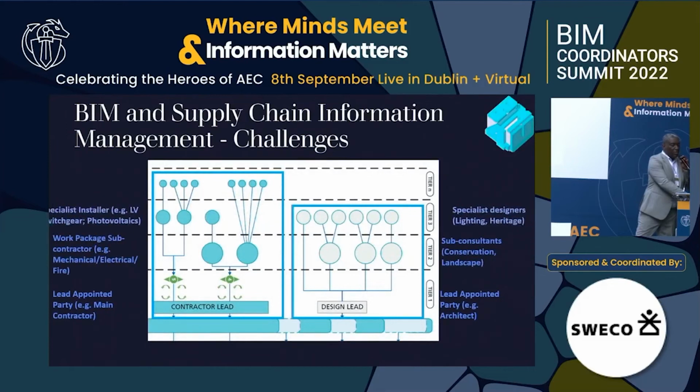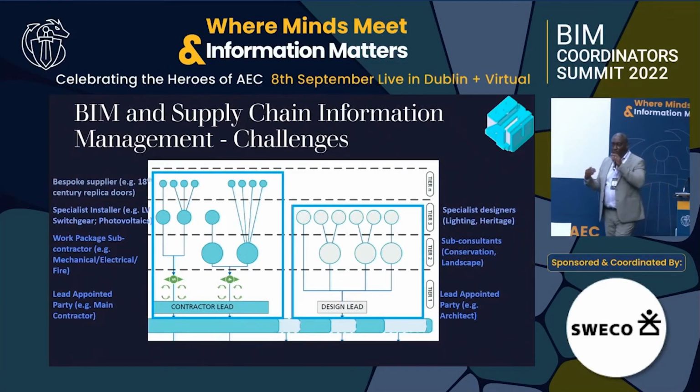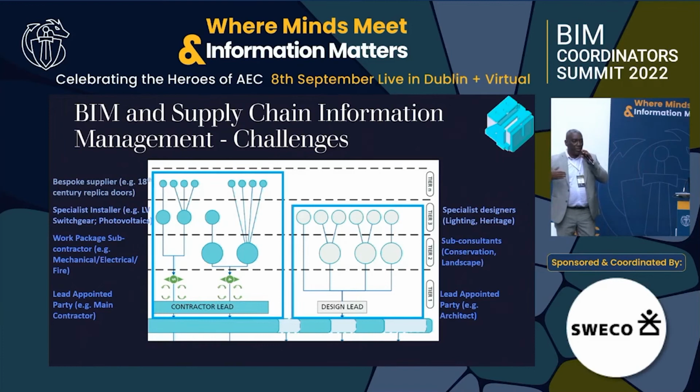The other thing to notice about this is there are significant challenges as you work through the different layers or tiers of the supply chain. So at the front end of that, you will probably have your main or principal contractor, and those are fairly sophisticated outfits. They know how to produce the information that you want. The problem comes as you move further and further down the supply chain.